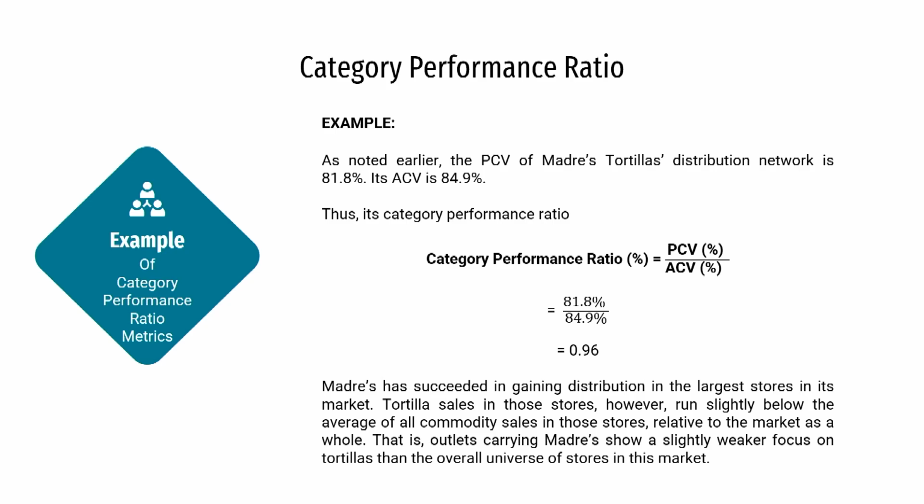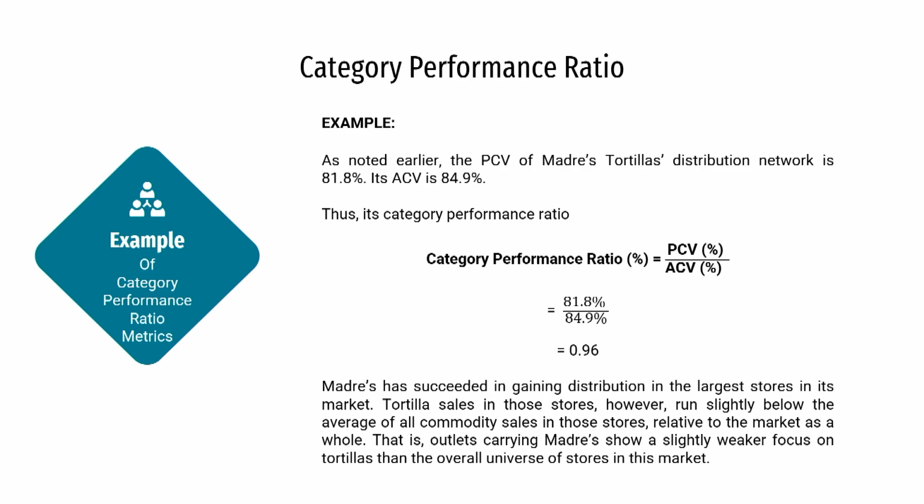So, the PCV for Madras tortillas' distribution network was 81.8% and the ACV value was 84.9%. Therefore, the category performance ratio is 81.8 divided by 84.9, which gives us a value of 0.96, which is slightly lower than 1.